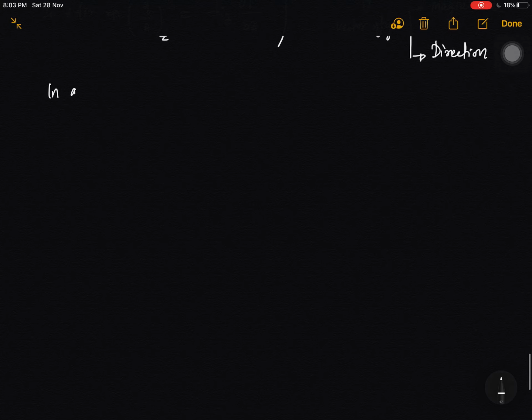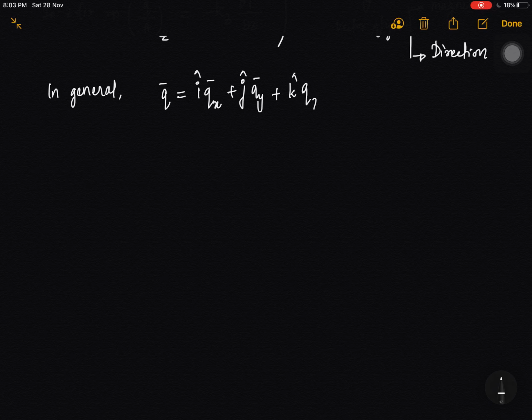Since this heat flux, which is represented as q bar, which is equal to q dot by A, is a vector quantity, we can write in general q bar is equal to i cap into qx bar plus j cap into qy bar plus k cap into qz bar.